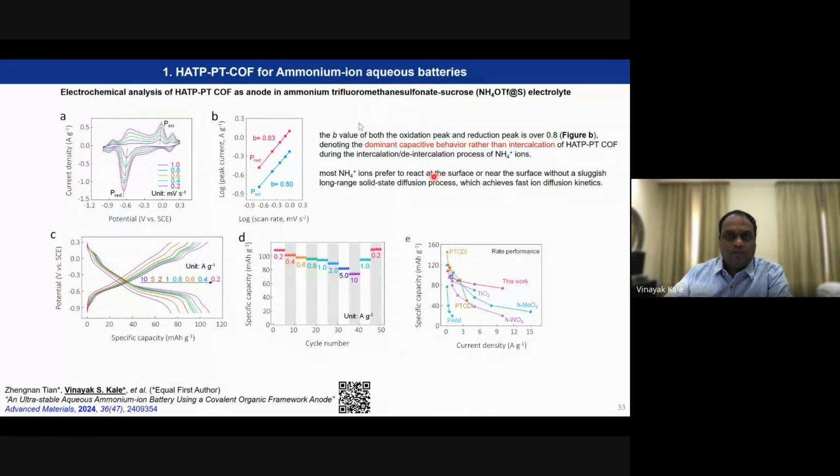And one could wonder how this ammonium is interacting with this COF material.